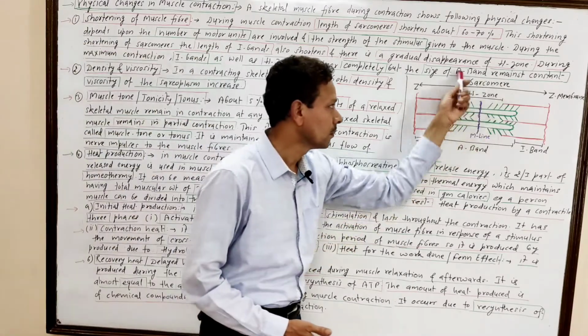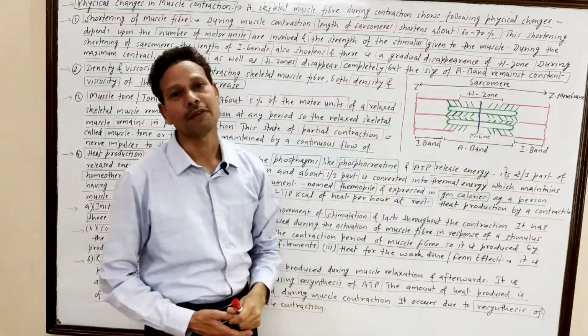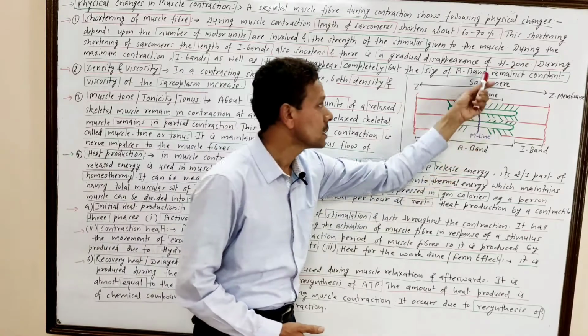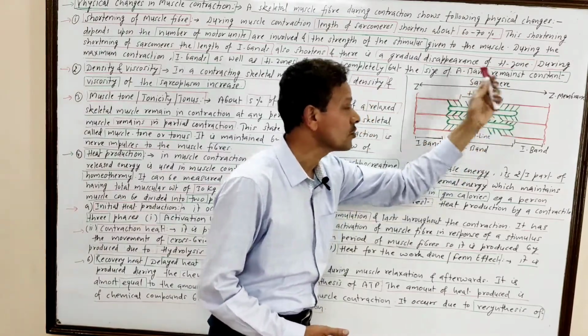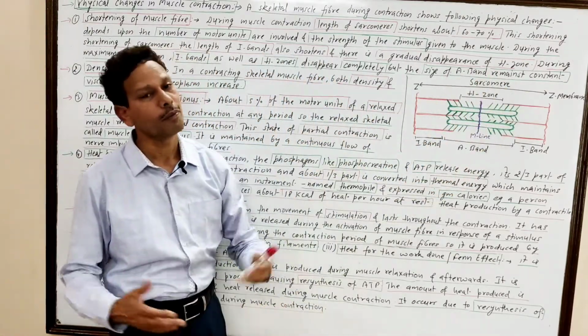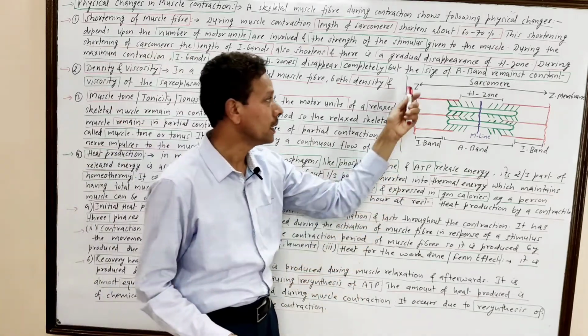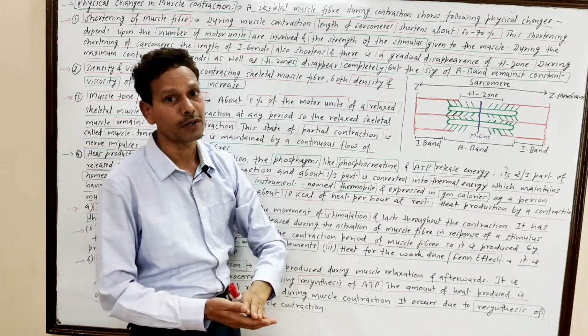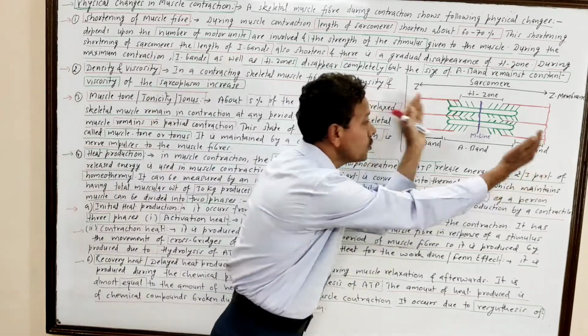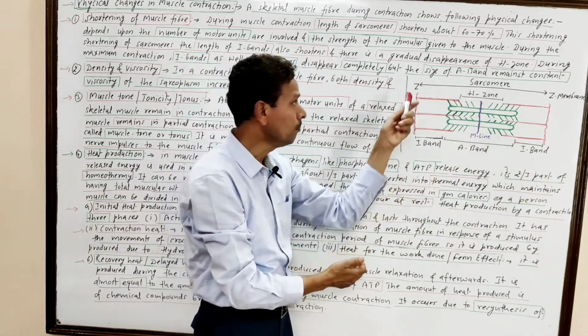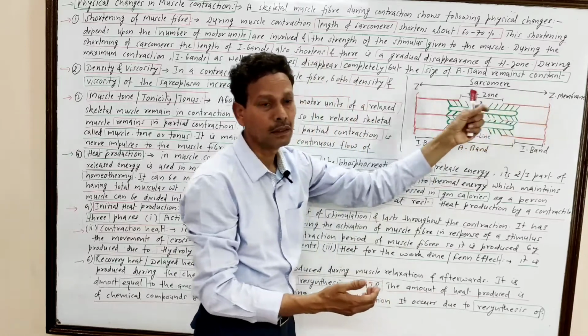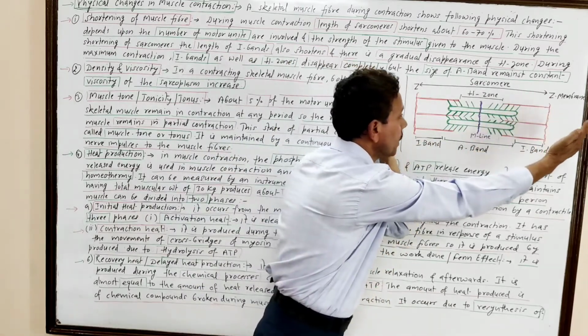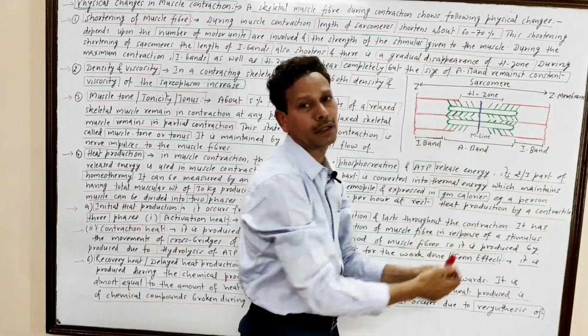As we know, in skeletal muscle fibers, the sarcomere is the structural and functional unit, and at the time of muscle contraction this sarcomere gets shortened. Both Z membranes, the adjacent Z membranes, come close to each other.